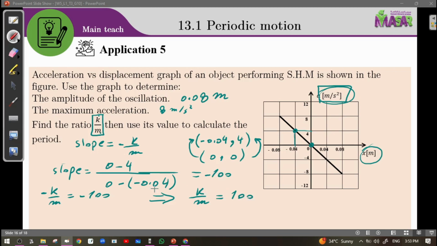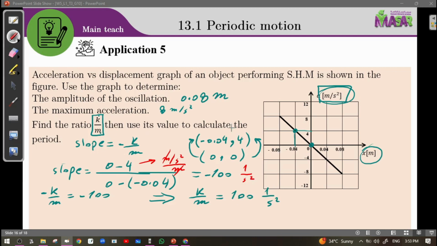Let's go back one step. The unit for the numerator here is meter per second squared, and for the denominator it is meter. Now we can cancel meter with meter and we will end up with 1 over second squared. So the answer should be in 1 over second squared.